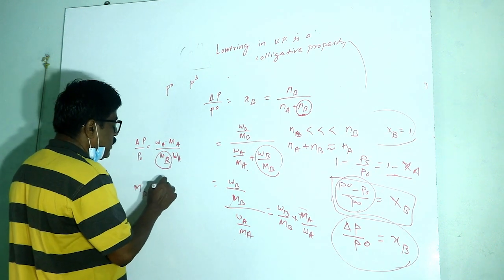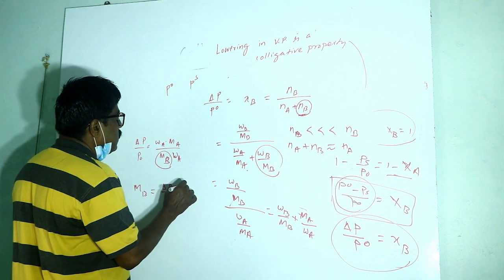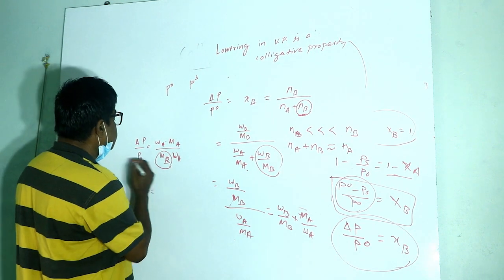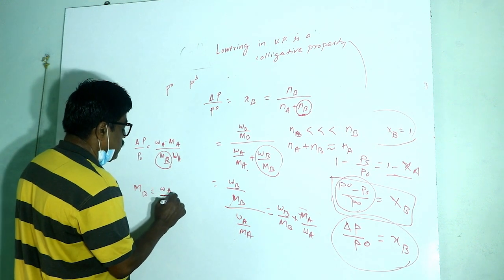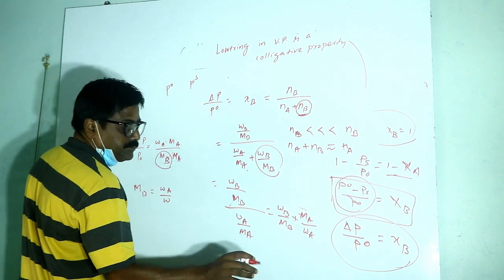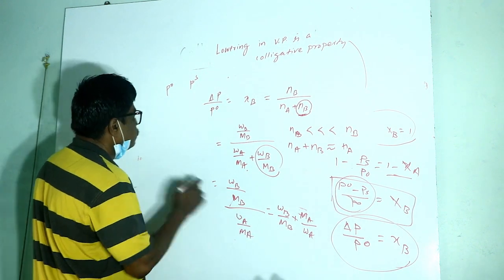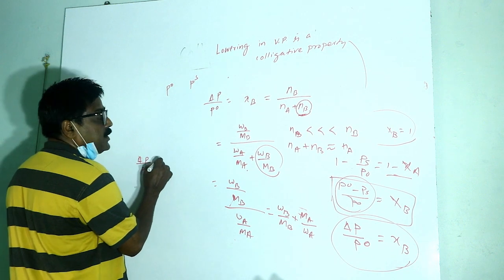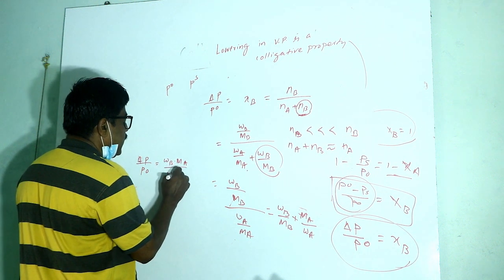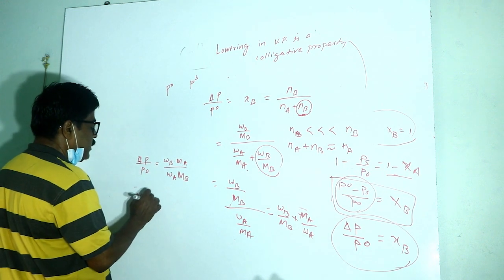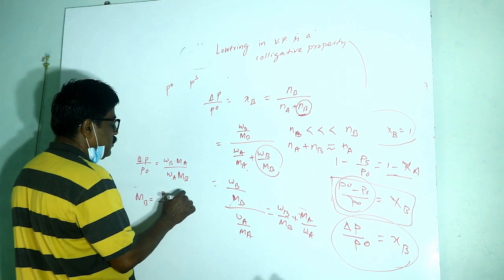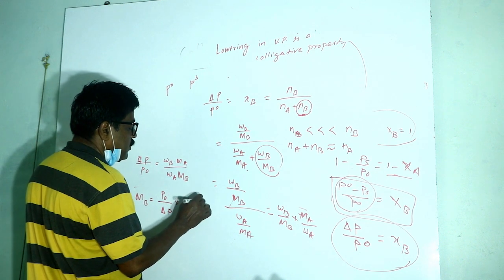So Mb is equal to P0 by del P into Wb by Wa into Ma.